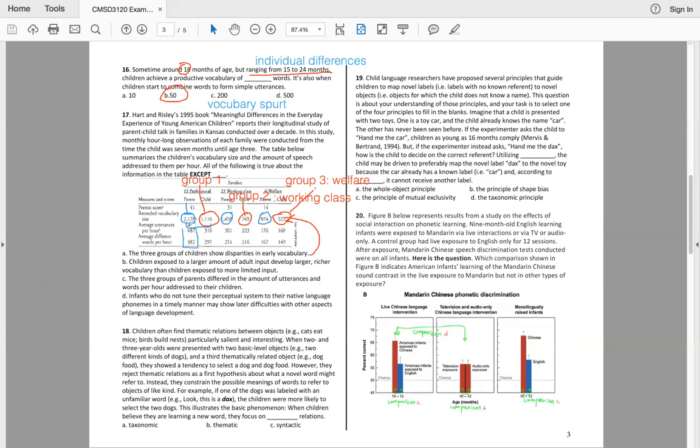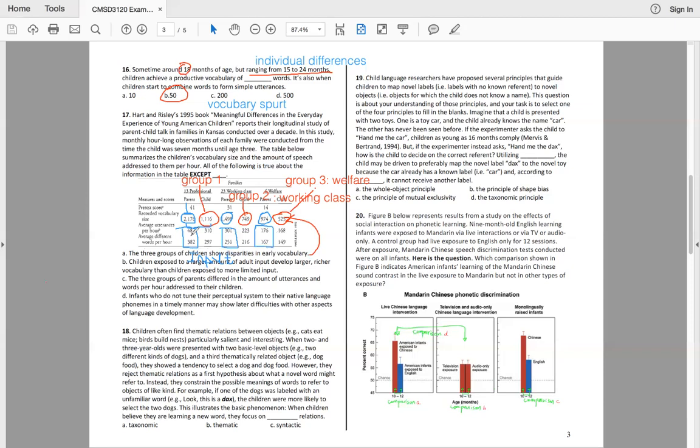So we see now the first group, the parents produce more words in front of the children.